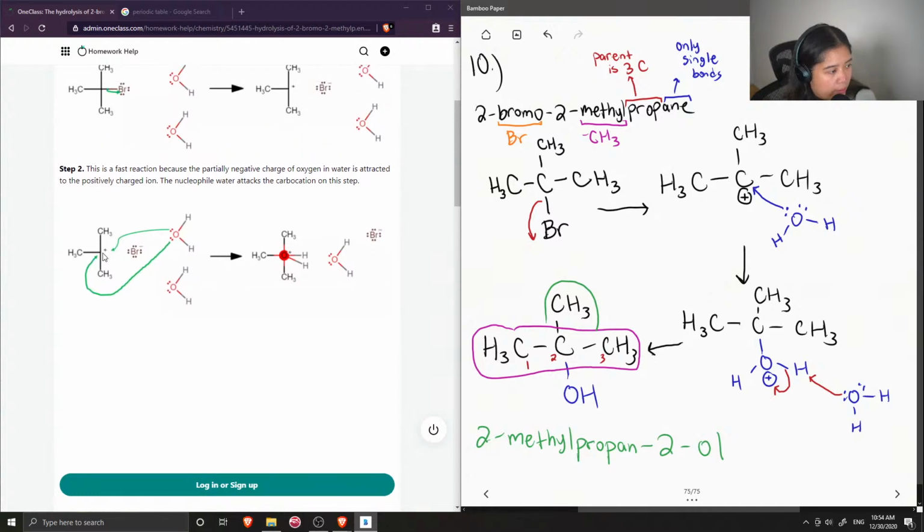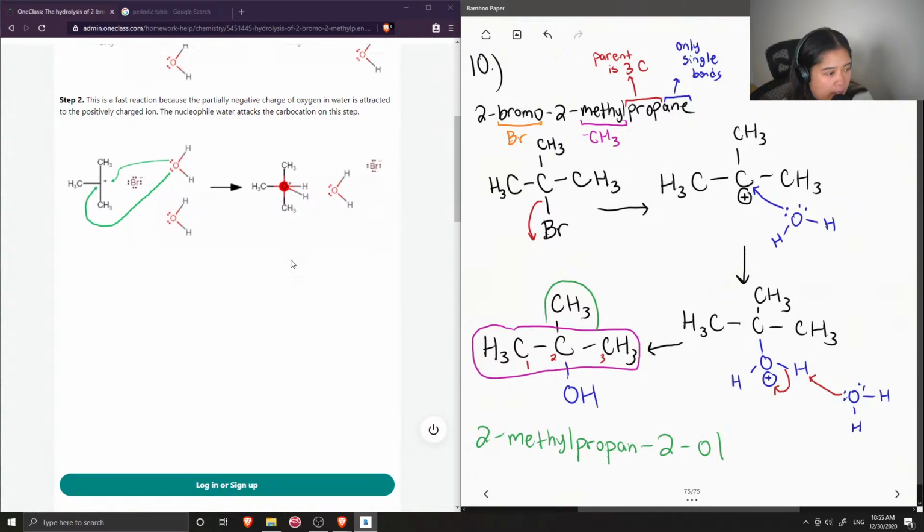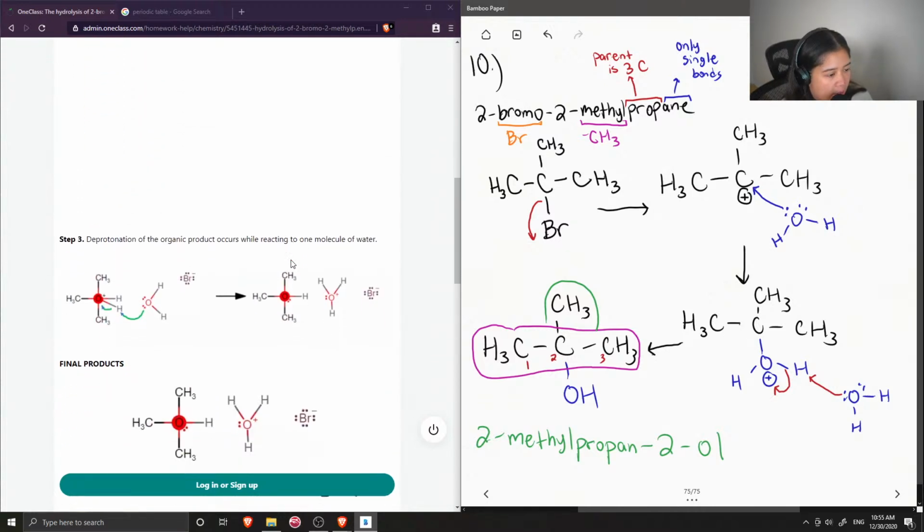So they show it attacking the positively charged bond. And now we have this intermediate that contains the oxygen. I think they just put the oxygen on top of the carbon, but it should look like the intermediate that I have. Let's see what they have down here.